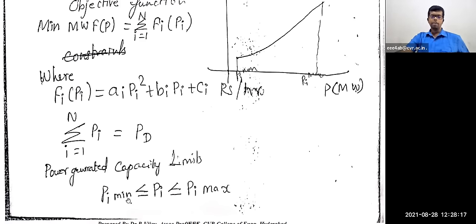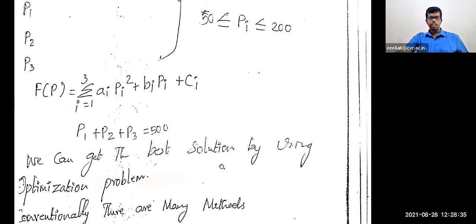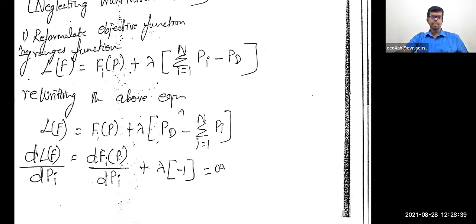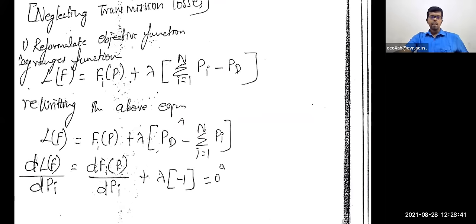Limits, constraints or limitations, all are the same. You can use any of these terms, operating limits, limitations. There is nothing wrong in that.